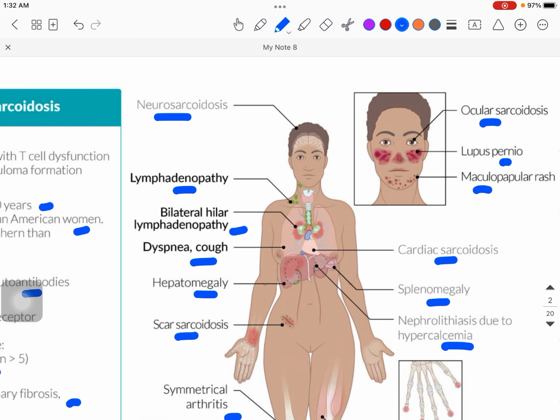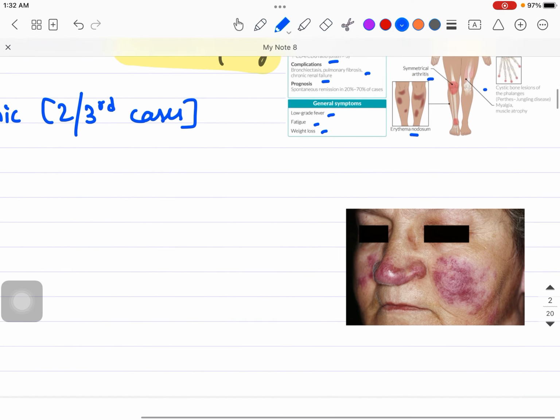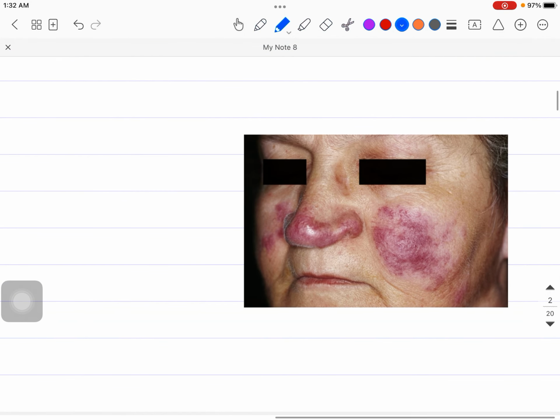Maculopapular rashes might also be seen in these kinds of cases. Let me talk about the lupus pernio also. Yes, this is the particular picture you can appreciate. In chronic sarcoidosis you will see the lupus pernio face. Do not confuse it with the malar rash in SLE.